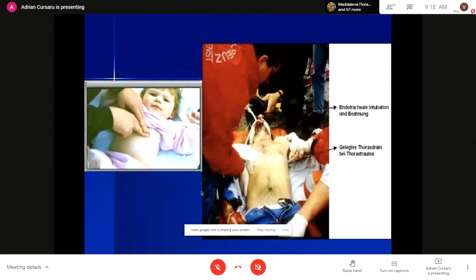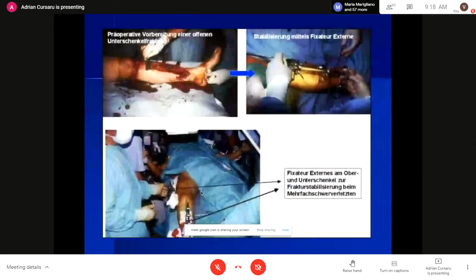For babies, we will not discuss cardiopulmonary resuscitation, because we will discuss it in other modules. Okay, that's an example of basic life support that was performed at the accident site.